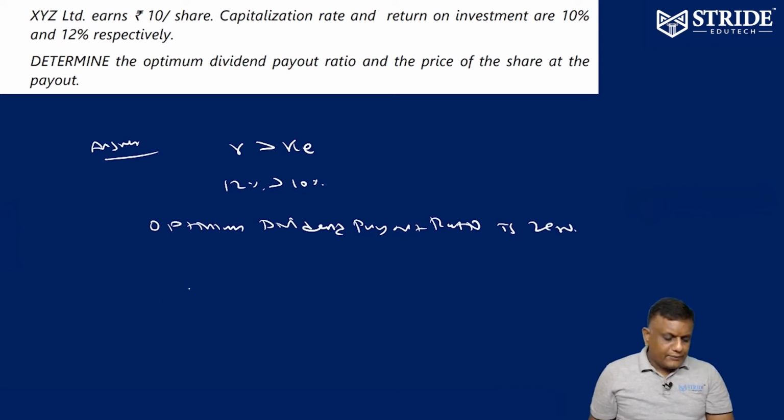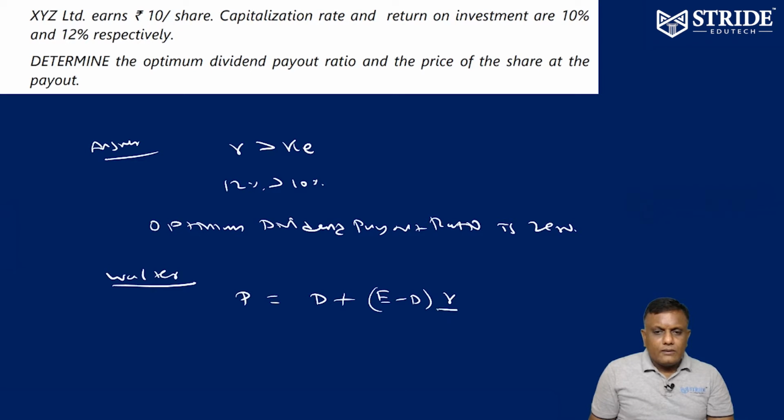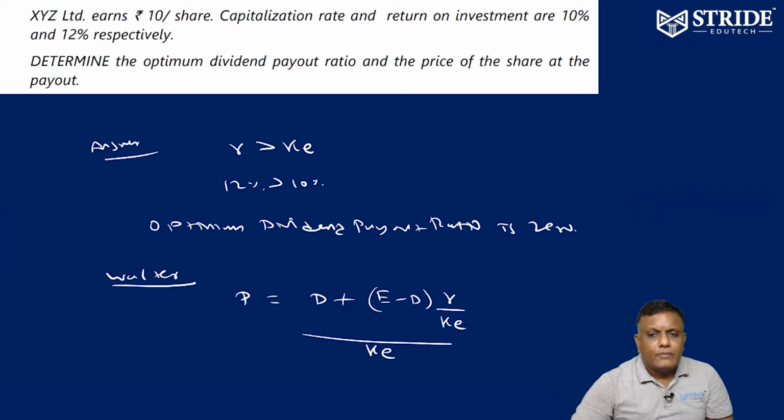We can substitute in the Walter model: P is equivalent to D plus (E minus D) into R by KE, all divided by KE.